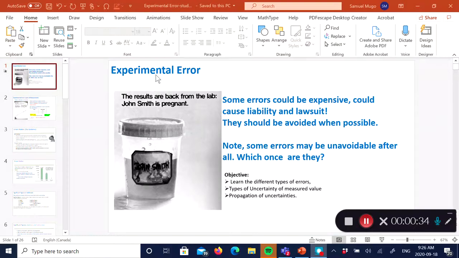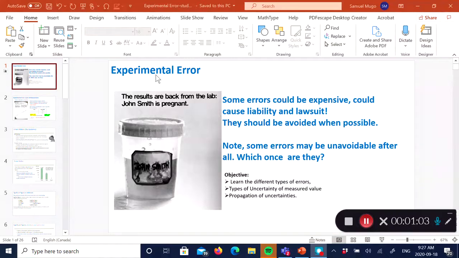Now, in history, you've had cases where analytical chemists or organizations they work for have suffered liability and lawsuits because of experimental errors. And so, in this lecture, we're going to talk about what are experimental errors and what can be avoided and how can they be quantified.